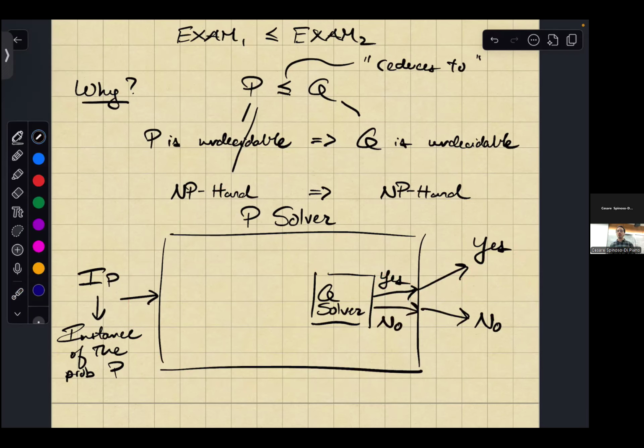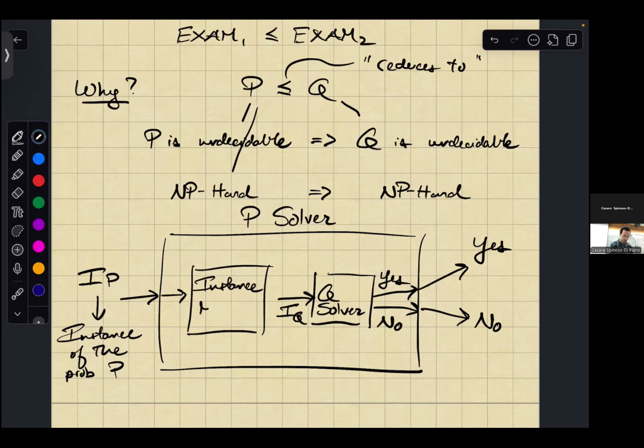But now the Q solver accepts instances of type Q, but what I have here are instances of type P. So what that means is that in the P solver, in addition to calling the Q solver, I also have to have what I will call an instance modifier.